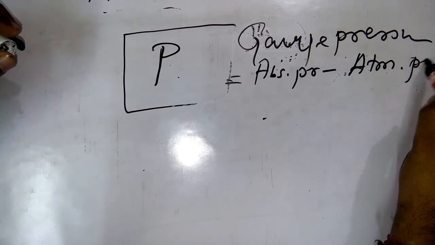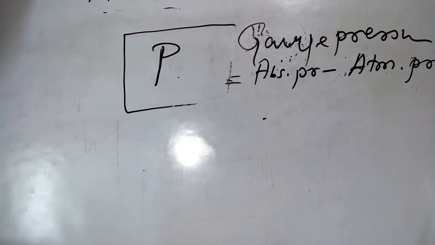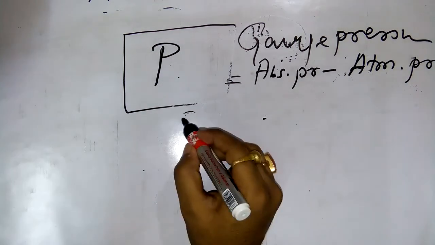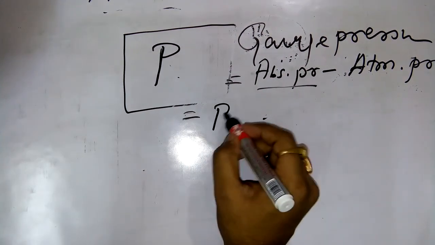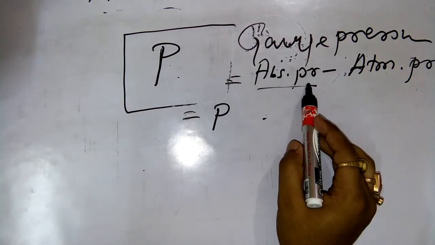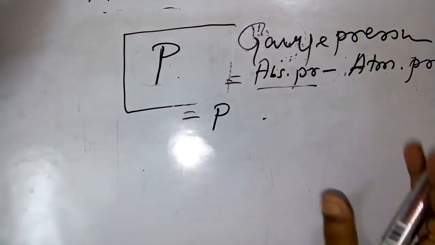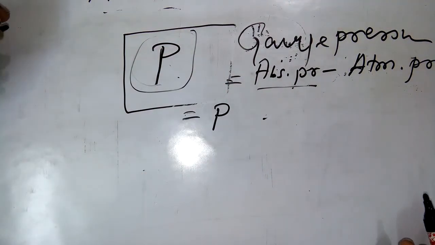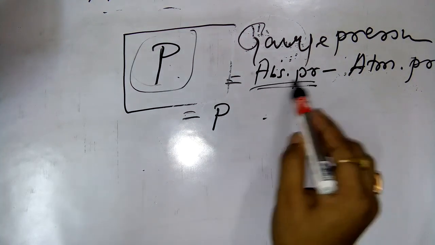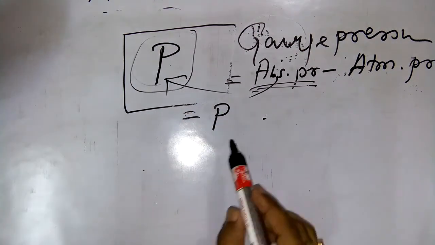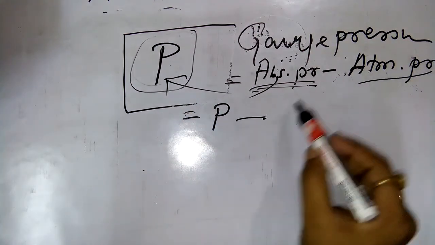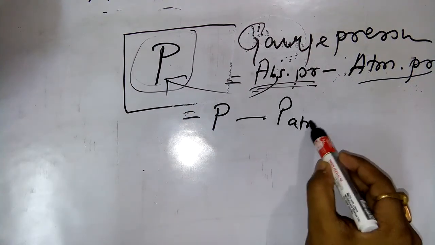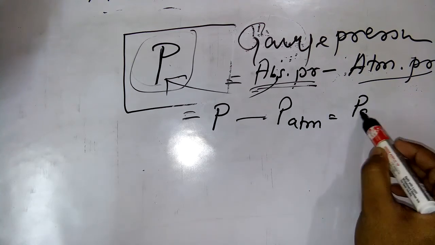What is the absolute pressure? It is P itself, because absolute pressure is the pressure of the system minus the absolute zero pressure. Absolute zero pressure is zero, so absolute pressure becomes P itself. So P minus what is atmospheric pressure? P atm. This is nothing but gauge pressure.